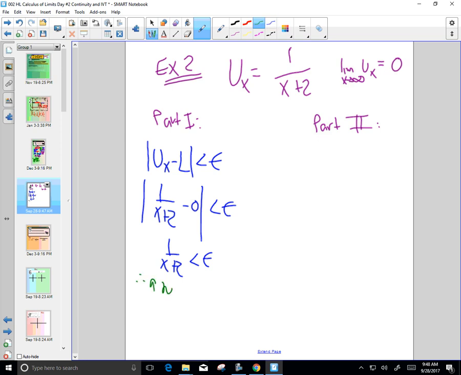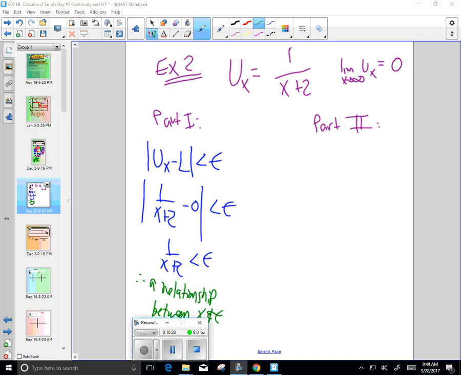Therefore, a relationship between x and epsilon exists. Just use arbitrary numbers. X equal to 10, x equal to 100 are simple. You can use 10 and 1,000, whatever you want.